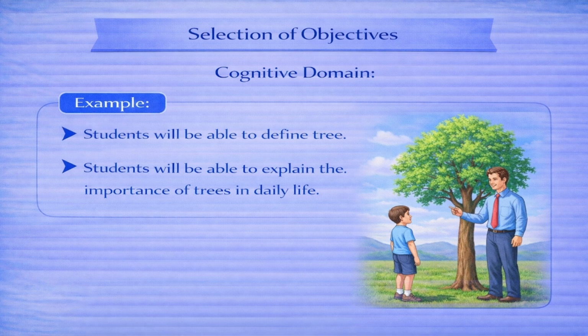Students will be able to define a tree. Students will be able to explain the importance of trees in daily life. In simple words, objectives of this domain focus on describing, identifying and explaining the concept or idea. I hope this is clear.